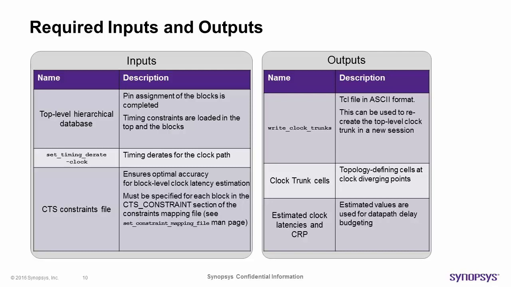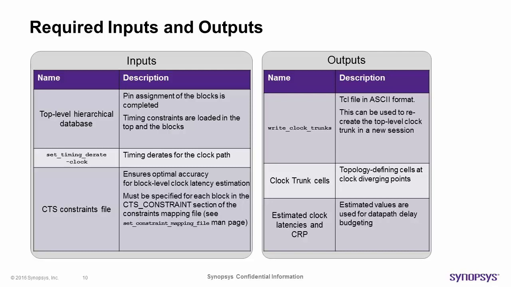The required input and output. The first required input is the top-level hierarchical database. In the database, pin assignment of the blocks has to be completed, and timing constraints must be loaded in the top and the blocks. The next is the set timing delay -clock option.